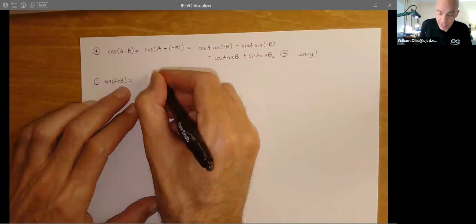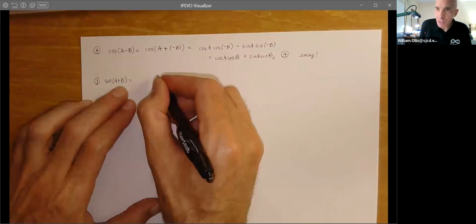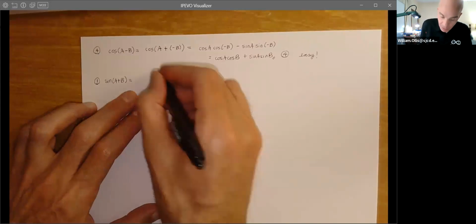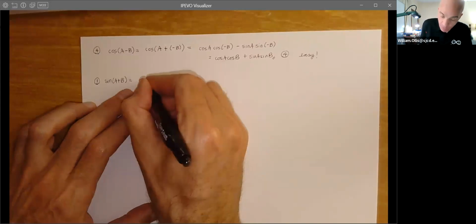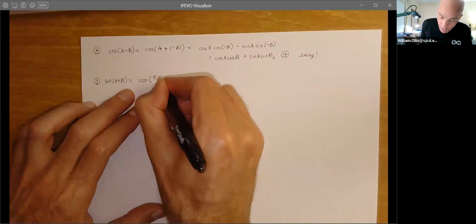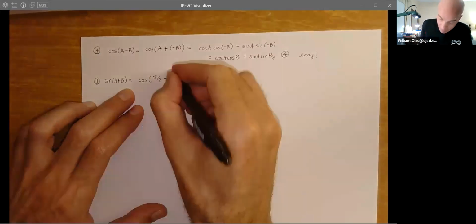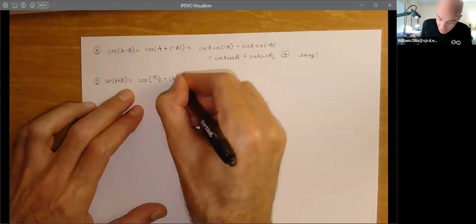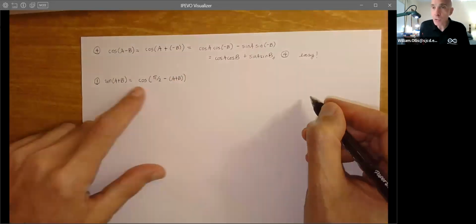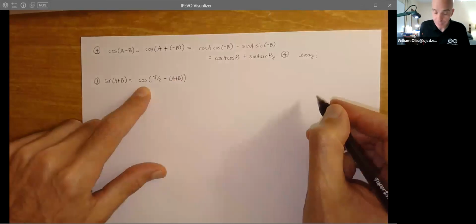So now we can say, okay, well, the sine of A plus B will just be the cofunction of pi over 2 minus A plus B. So we have cosine, cofunction, pi over 2 minus A plus B. That's the cofunction identity, okay? Because sine and cosine are cofunctions.